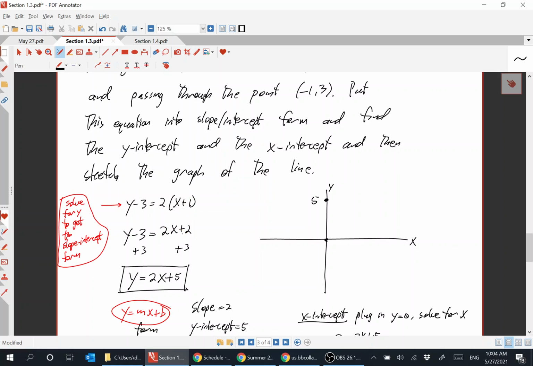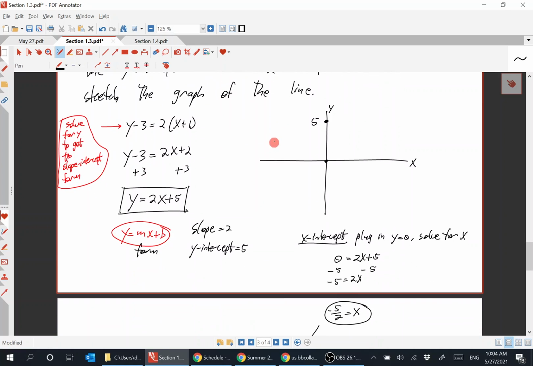Multiply through the 2: 2x plus 2, add 3 to each side, and you got y equals 2x plus 5. Okay, so the slope is 2, and the y-intercept is 5.